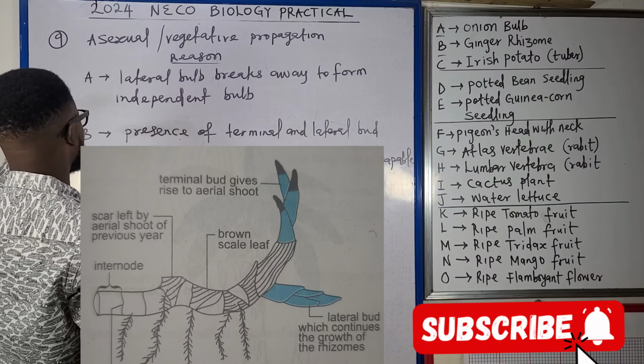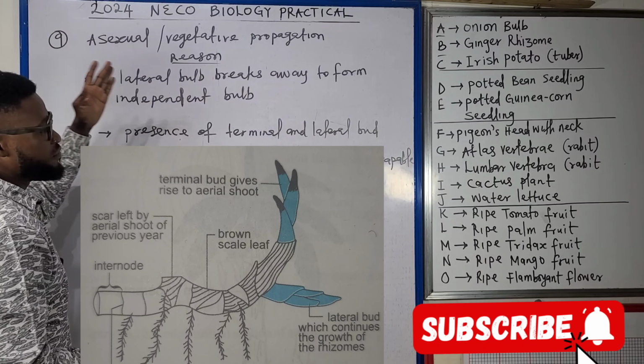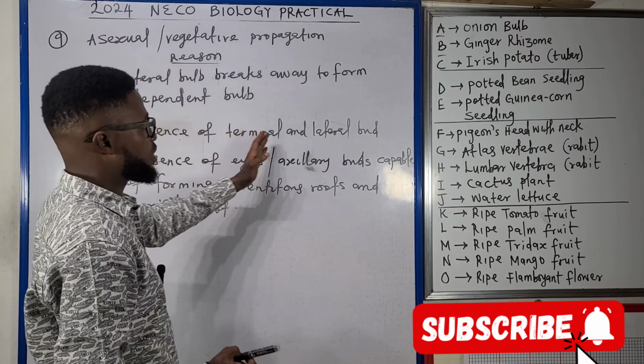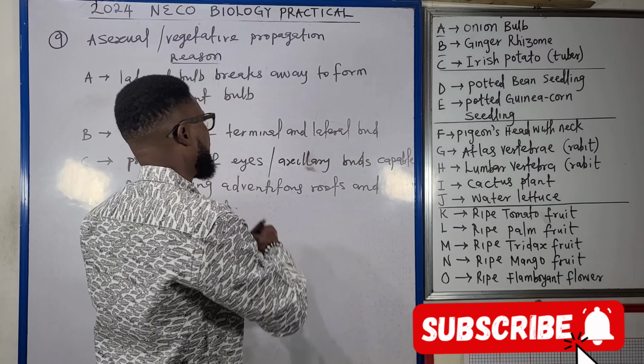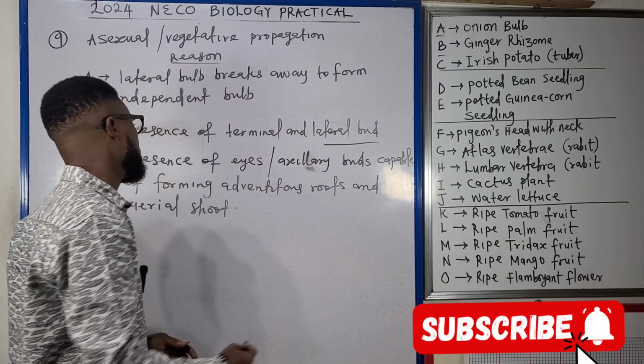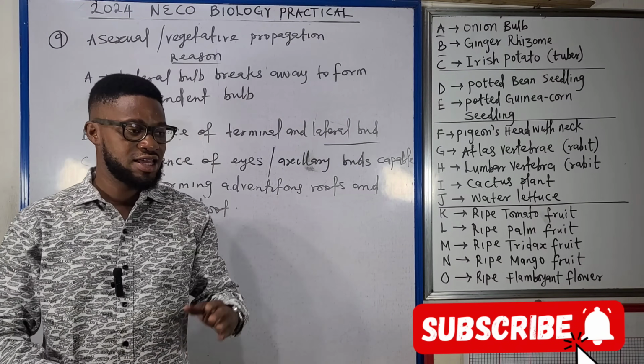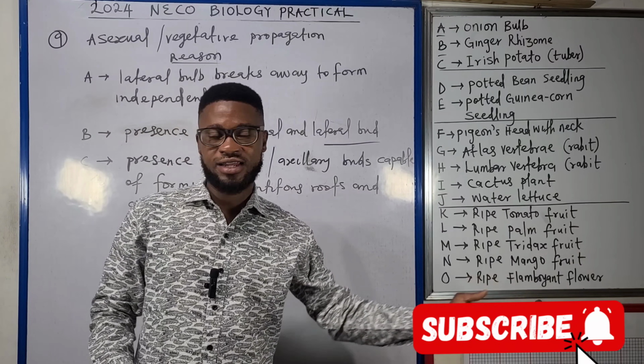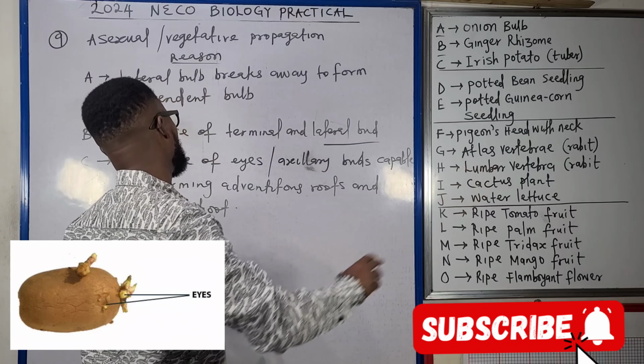So why I think B can reproduce asexually is due to the presence of the terminal, more specifically the lateral. When you hear the word lateral, it simply means by the side. So for a rhizome, it continues to grow horizontally.